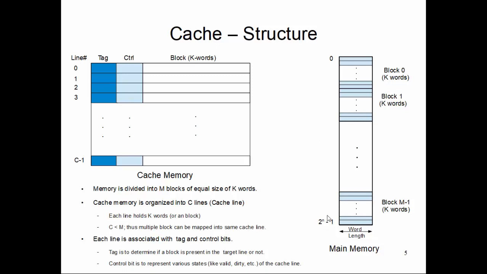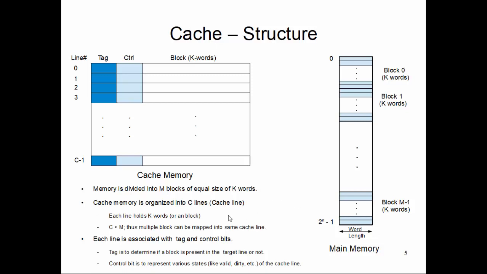Now this whole main memory is divided into m number of blocks, each block having k words. So if you multiply m with k, that will become 2 to the power n. So here m multiplied by k is 2 to the power n words, assuming it's a word addressable memory.